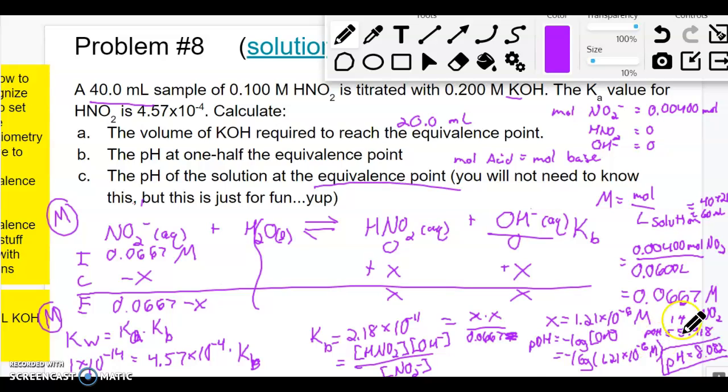So this is also why when you have titrations with a weak acid, you'll still get that titration curve that looks like this. But instead of a pH of 7, it's actually shifted up a little bit. The pH of 7 will actually be down below, and the equivalence point will be a little bit above.